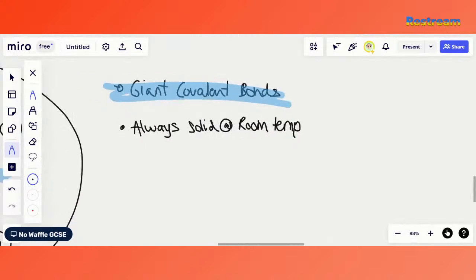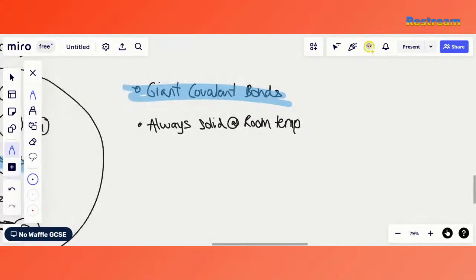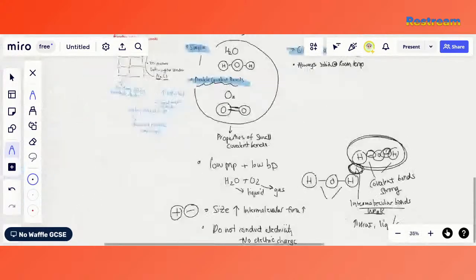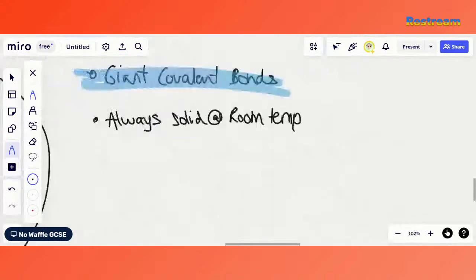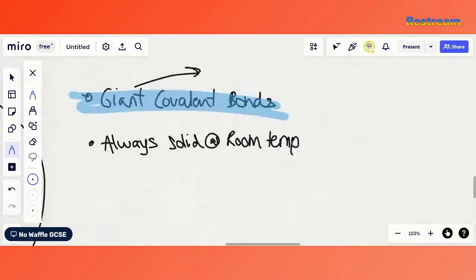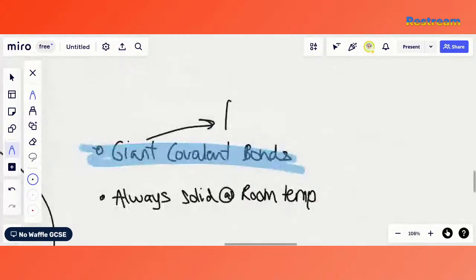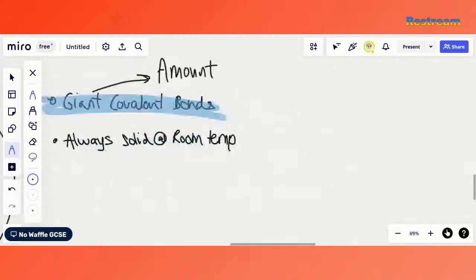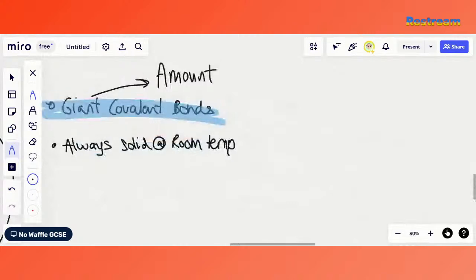So as we discussed here, we said that with the size increasing, the intermolecular forces increase. So how this affects this one is with giant covalent bonds, giant is not in reference to the size of the molecules, but more the amount of molecules. So because there are millions and millions of covalent bonds, this means that it's always solid at room temperature.